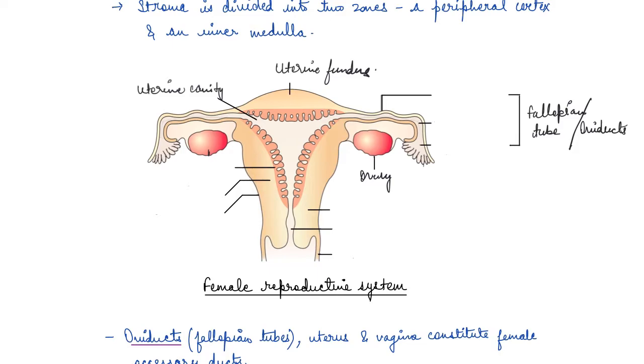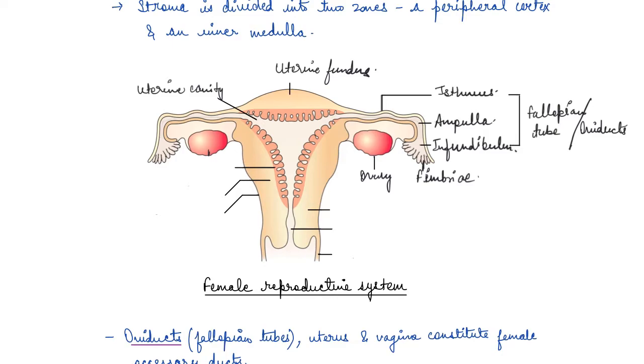So the fallopian tubes consist of isthmus, ampulla, and infundibulum. And this is fimbriae. Fimbriae.